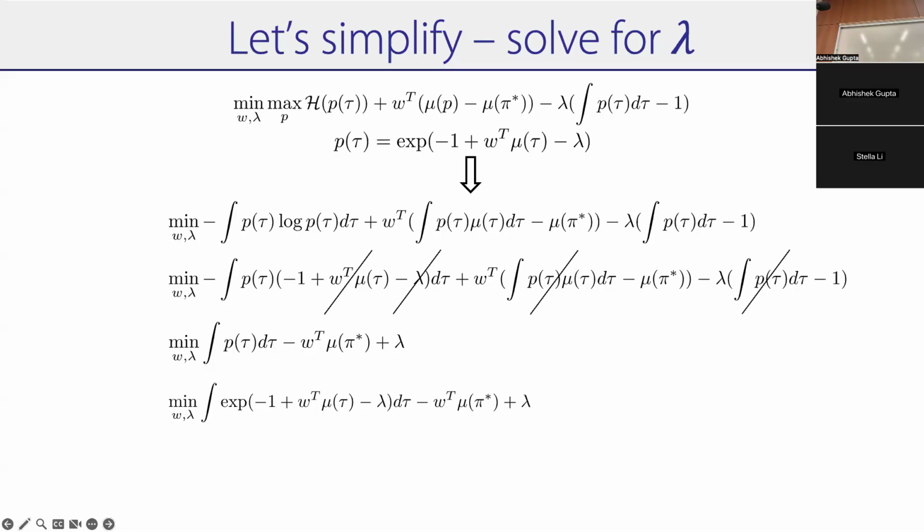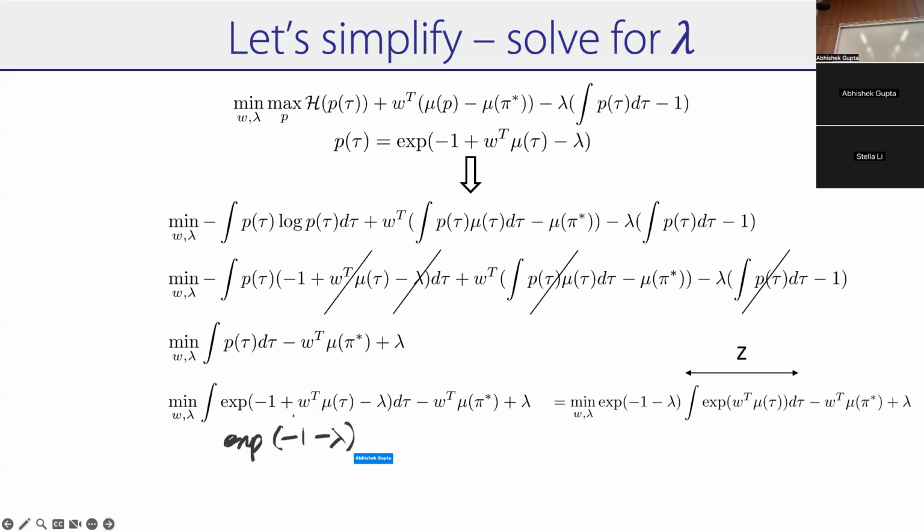Okay, so let's simplify this a little bit further. You can expand the first term out as exp of minus 1 minus lambda times the integral of exp of W transpose mu.